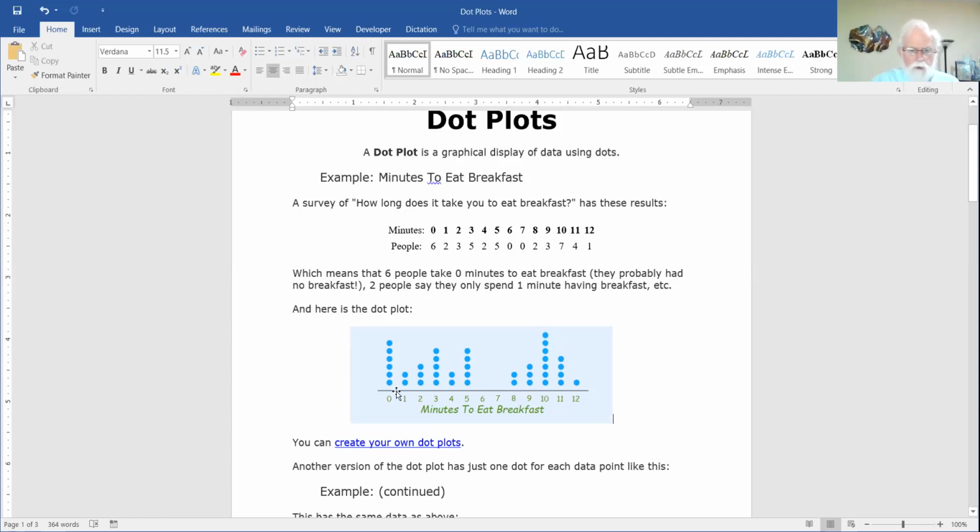Now, it's easy to count 2 and 3 and 5. Most of us can do that visually, but sometimes we have to count these up. But nonetheless, it's easy to see that we've got a bunch of people that don't bother with breakfast, but the largest number of people spend 10 minutes on their breakfast. And we see that there is no one in this range.